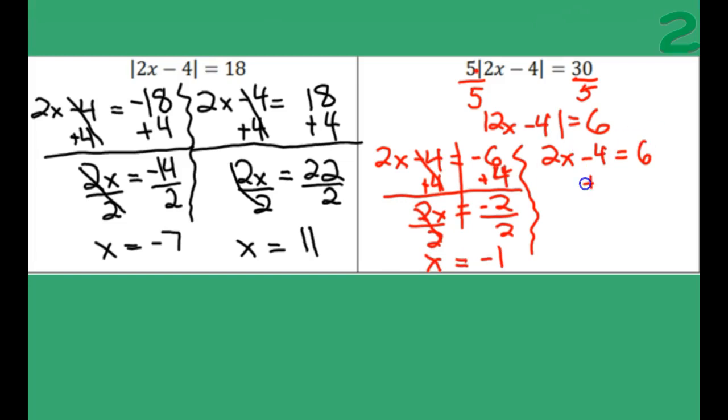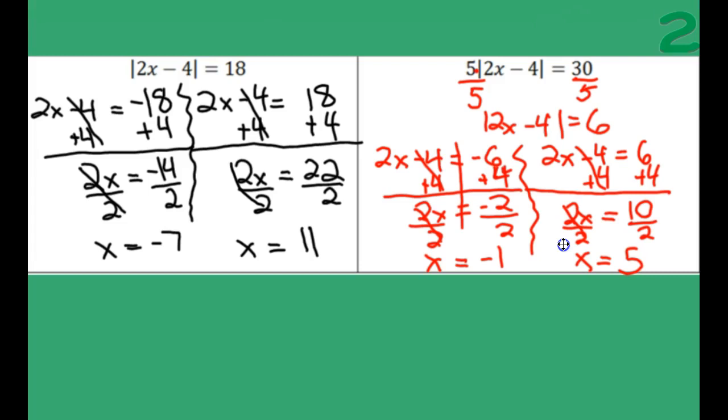We're going to add 4. So 2x equals 10. So we divide by 2 to get x by itself, and x equals 10 divided by 2, which is 5. So x equals -1, as well as x equals 5.